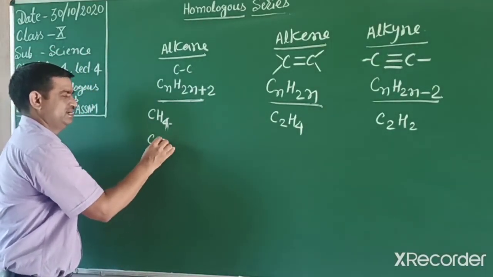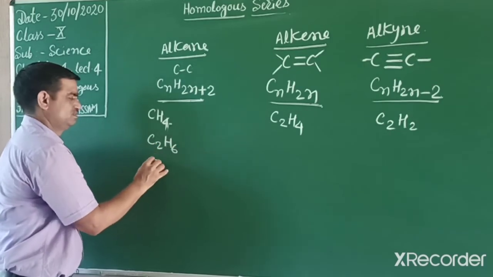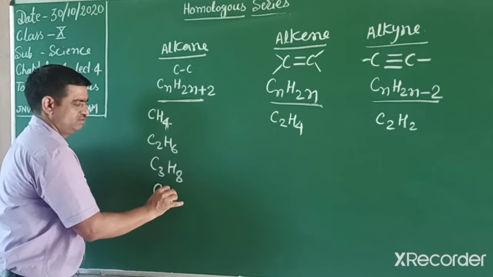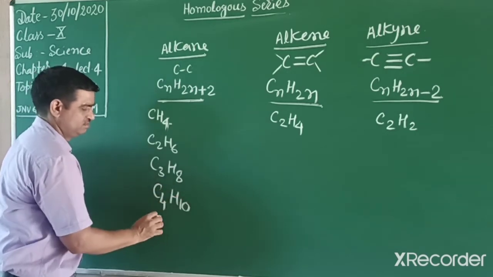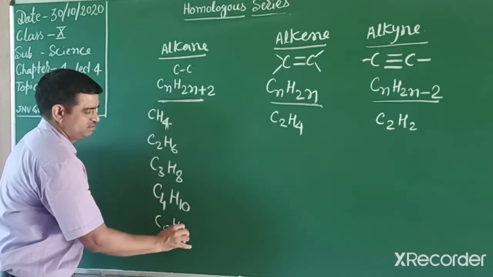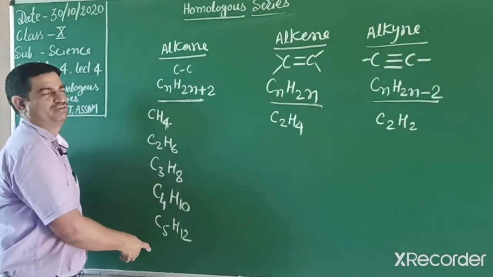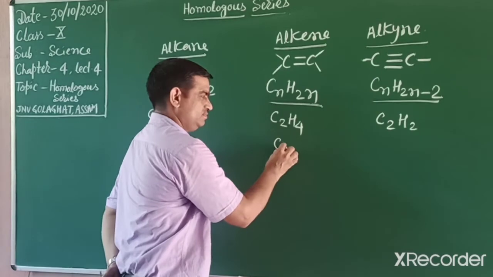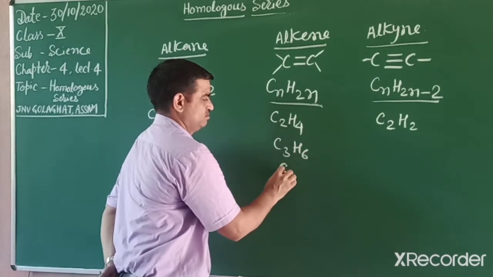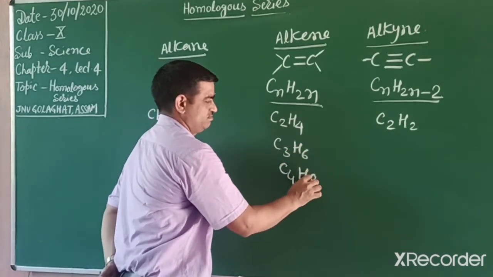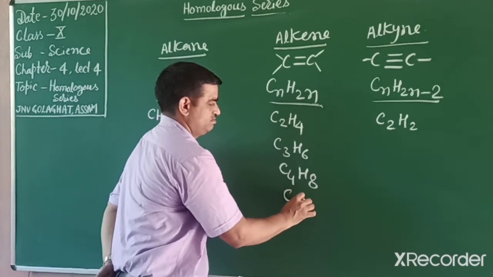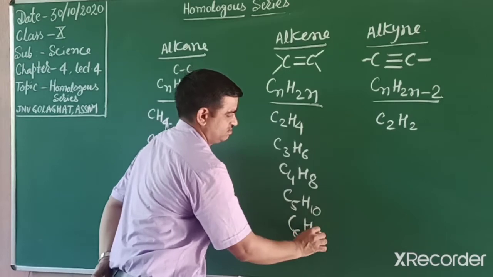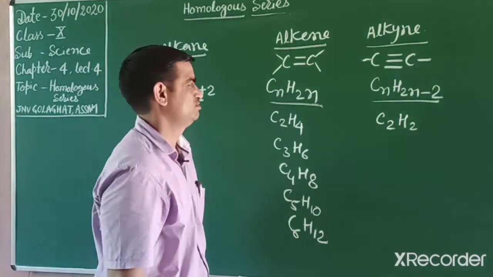You can write the value, then you can identify the next homologous member. Easily we can again write C2H6, C3H8, C4H10, C5H12, and so on. And alkene: C3H6, C4H8, C5H10, C6H12 in this way.